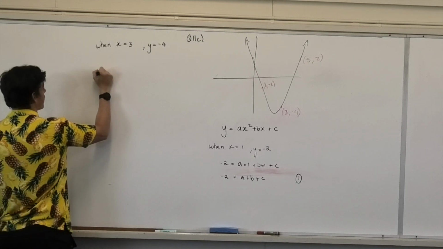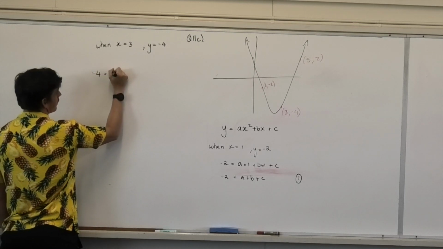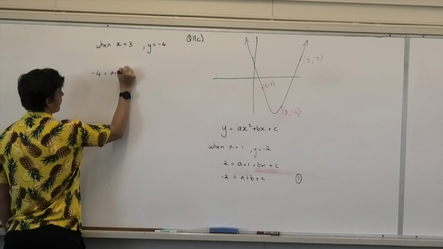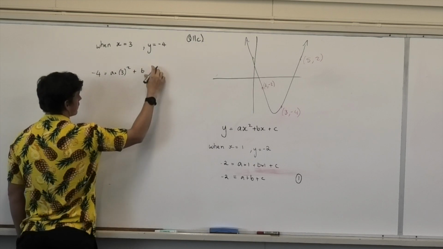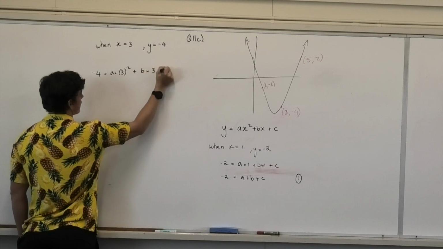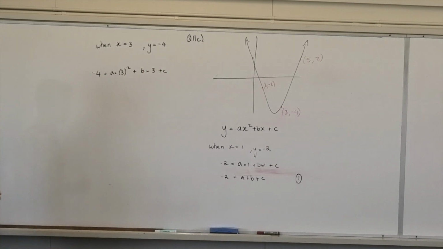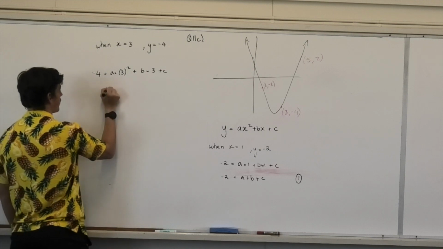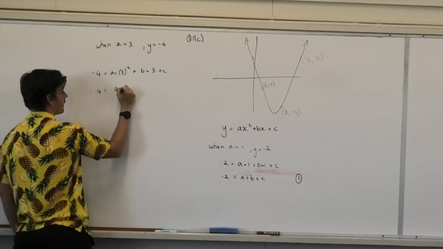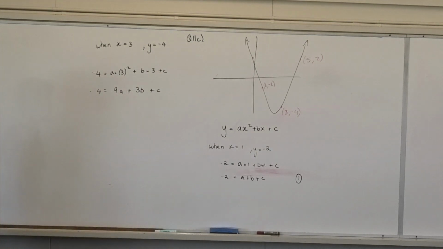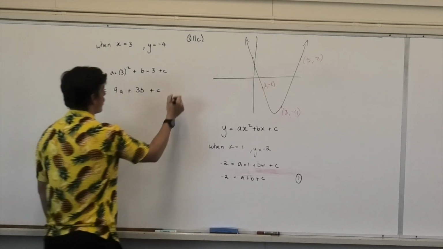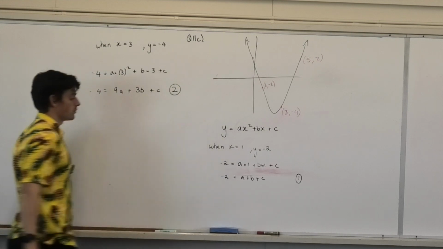So I can write negative 4 equals a times 3 squared plus b times 3 plus c, correct? So I've got negative 4 equals 9a plus 3b plus c. I might call that 2, for example.